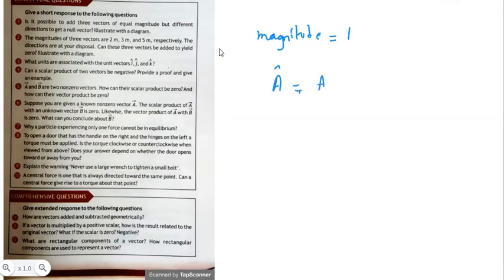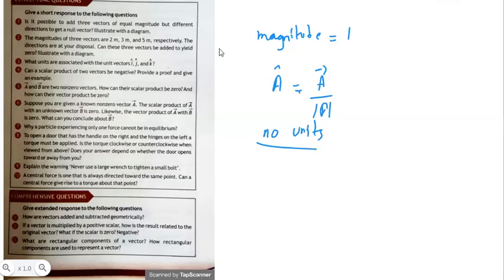So when you divide a vector by its magnitude, the units cancel out. Since it is a ratio, the unit vectors have no units. They represent direction and have a magnitude of 1, but they do not have units.